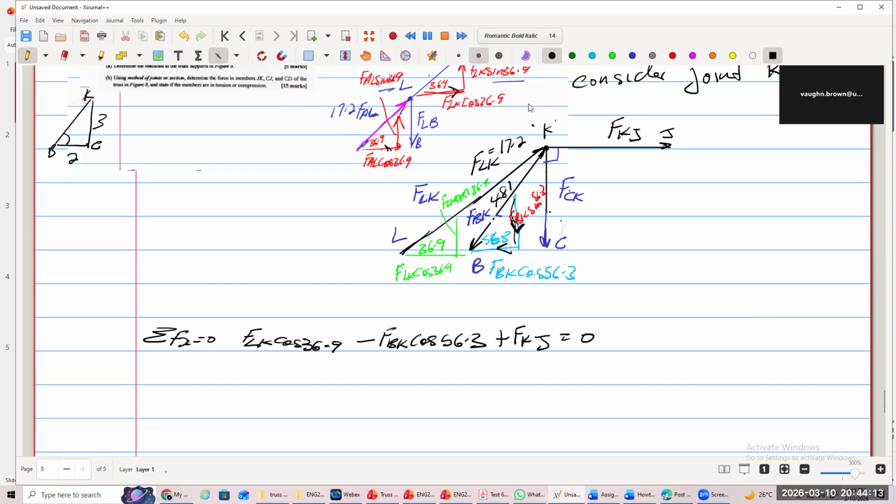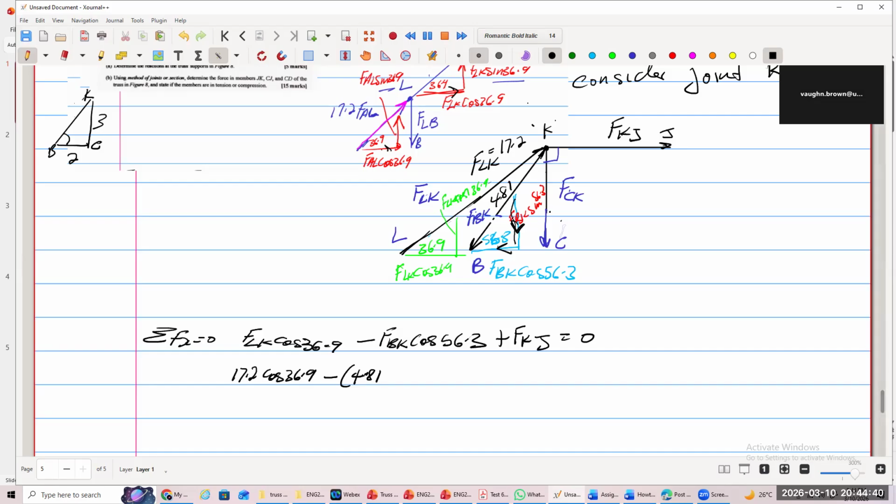All right, so let's put in your values. LK, we had 17.2 cos 36.9, while BK is minus 4.81.